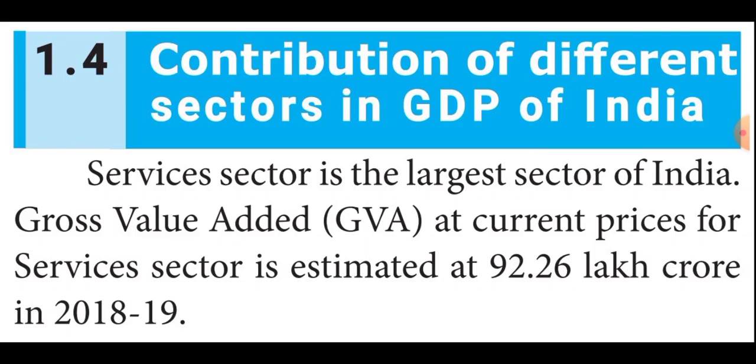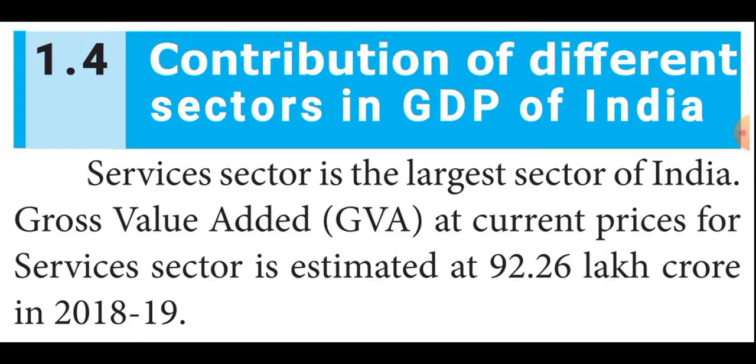In 2018 to 19, the current price estimate for the service sector is 92.26 lakh crore. This service sector accounts for 54.40% of India's total GVA of 169.61 lakh crore Indian rupees.